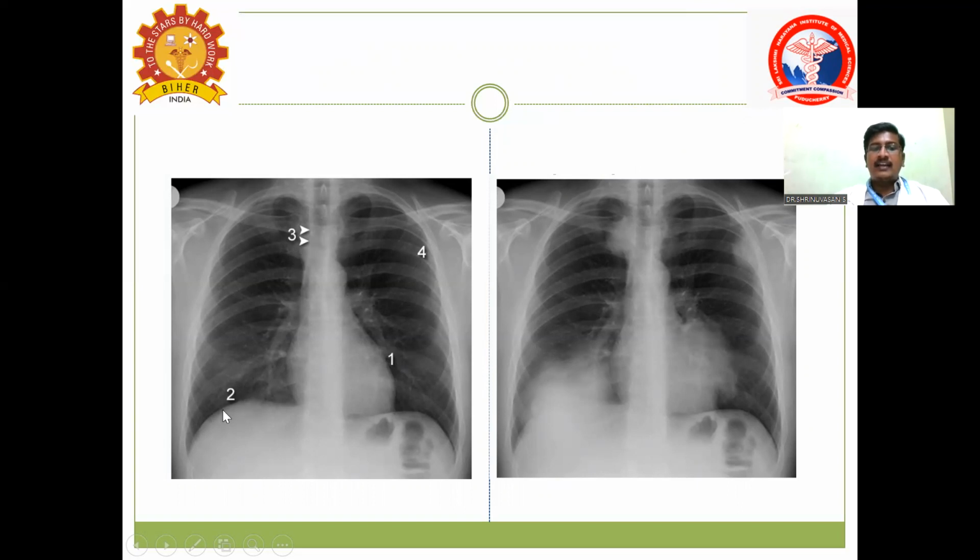Two is the right hemidiaphragm, which is silhouetted by the lower zone pathology. Three is the right paratracheal stripe, which is obscured by adjacent right upper lobe pathology. Four is the peripheral pleural margin, which is obscured by the pleural mass. So you can identify easily. Whichever margin is getting obscured, then there is adjacent pathology.